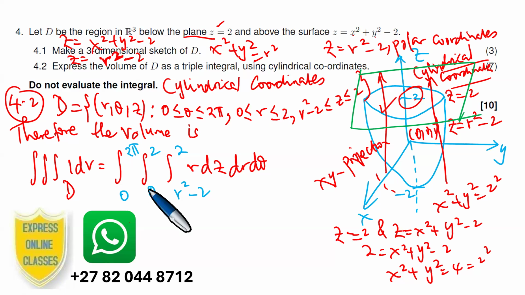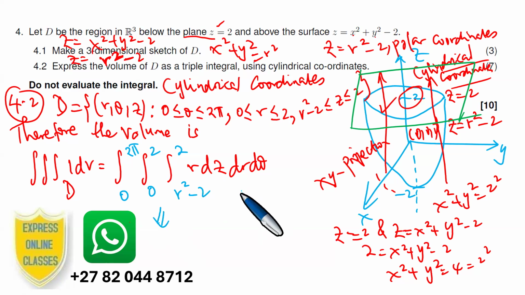Do not evaluate means stop here, don't calculate. You would have to integrate with respect to z and substitute the limits of integration, but they're saying don't do it.